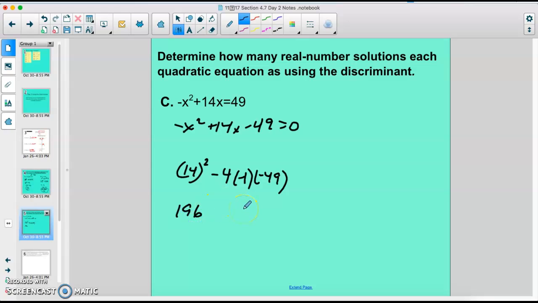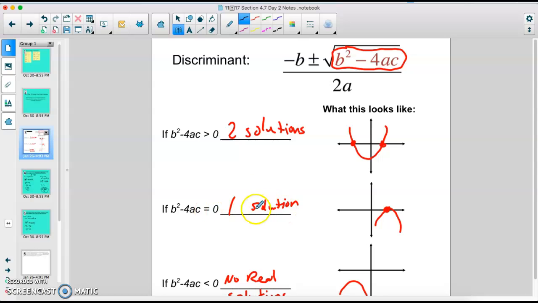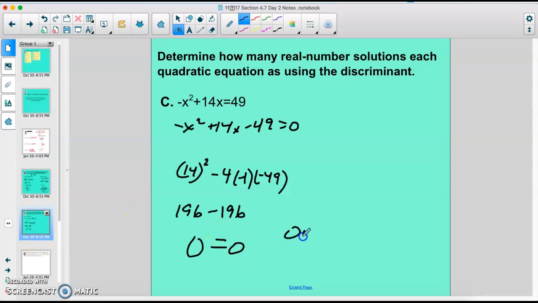Negative 4 times negative 1 times negative 49 is negative 196. And so we end up getting 0, and 0 equals 0. And so if we look back at our chart, what does that mean? It means we have one solution. So our vertex is on the x-axis. One real solution.